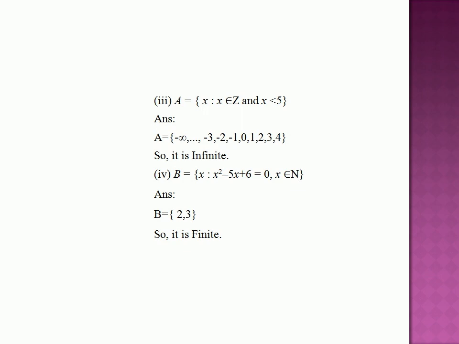And fourth subdivision, B equal to x such that x square minus 5x plus 6 equal to 0, x belongs to natural numbers N. When you factorize the equation x square minus 5x plus 6, you get the answers 2 and 3. So B is equal to 2, 3. It is finite. So the set is finite.